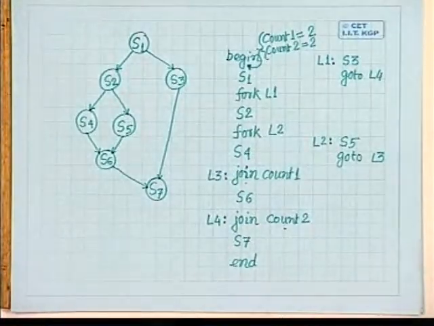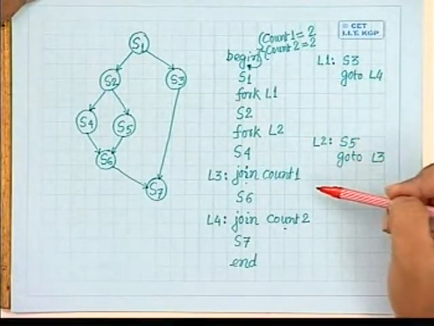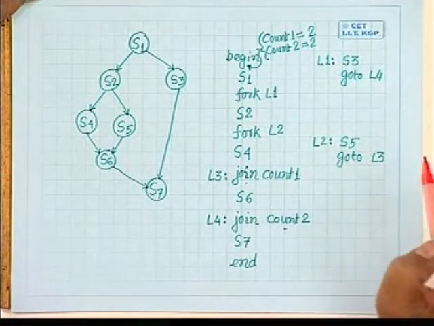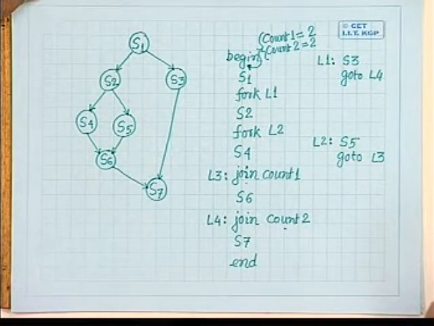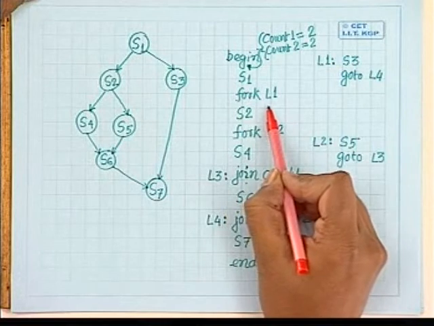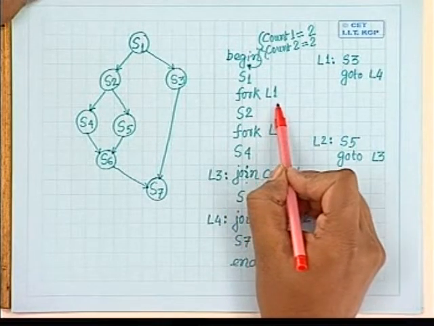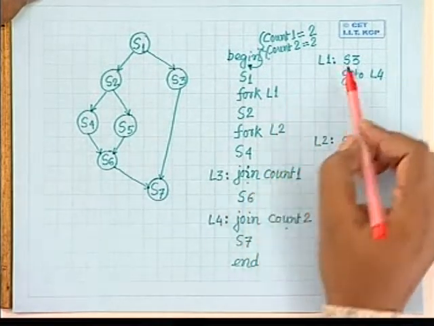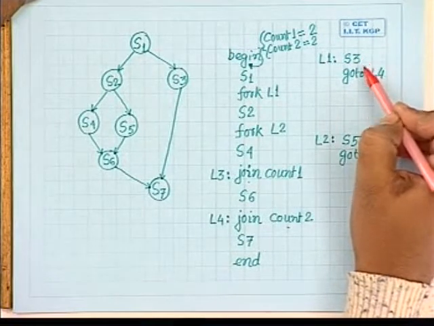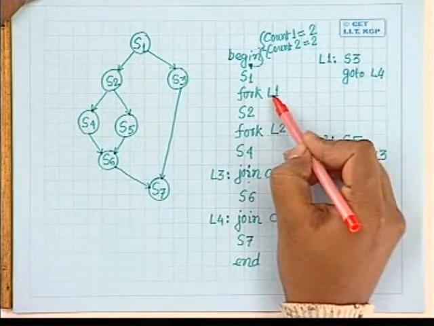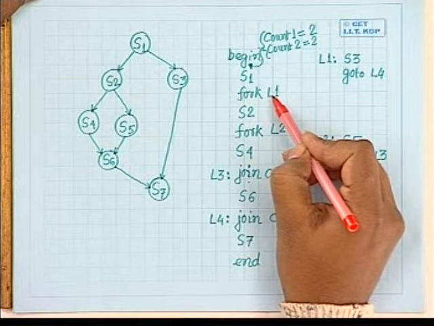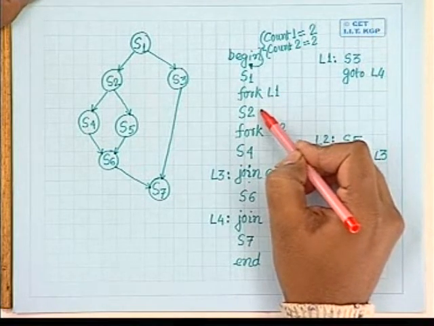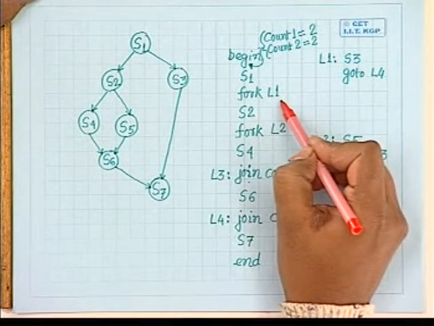Whenever a process has to be created, you use a fork statement with label L1. So I create two processes. One process starts execution from label L1. The other process starts execution from the statement just following this fork statement.